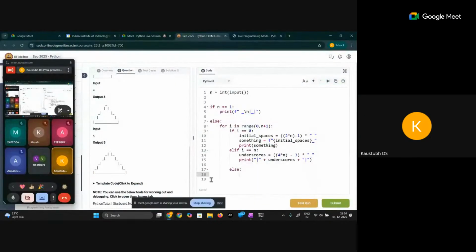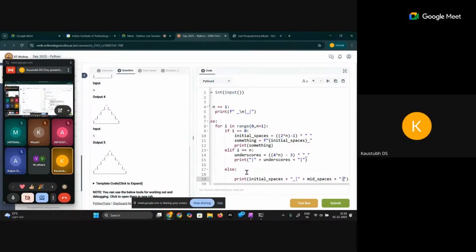Else, I'll be printing 4 things, right? Print initial spaces plus underscore pipe, then plus mid spaces plus the pipe underscore.